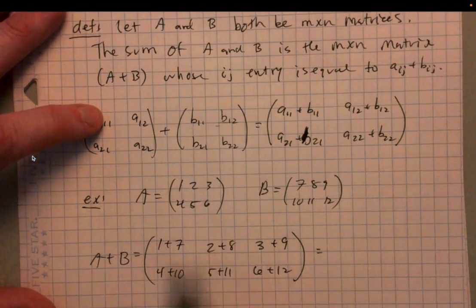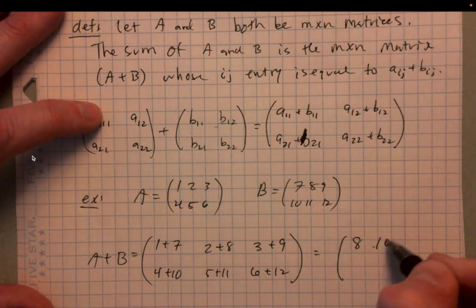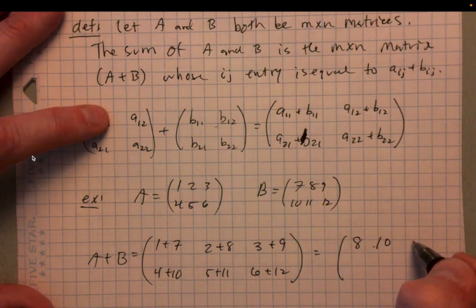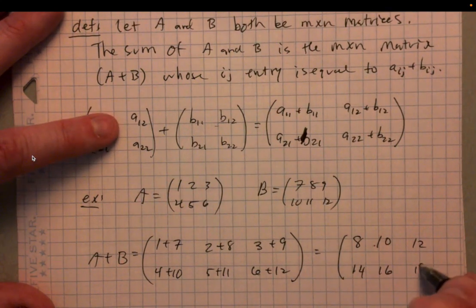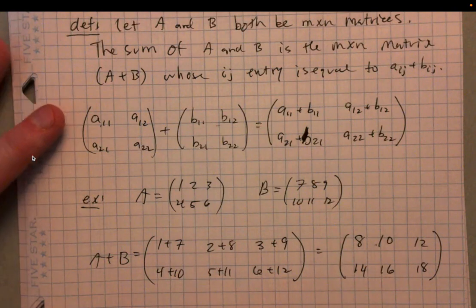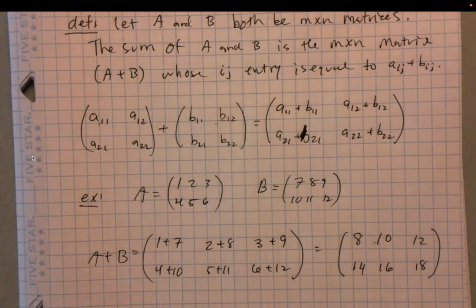Right, and so when we add those together, what do we get? We get 8, 10, 12, 14, 16, 18. Right, and so this is our A plus B matrix.